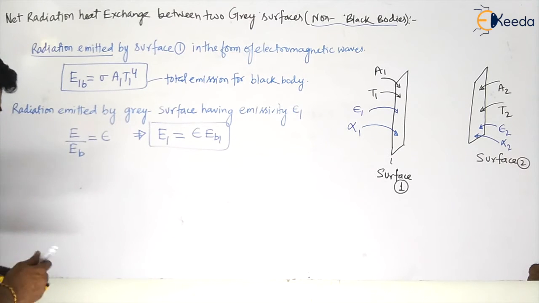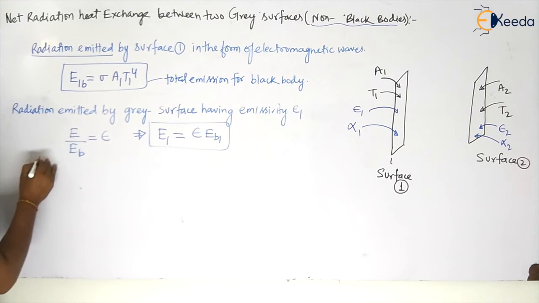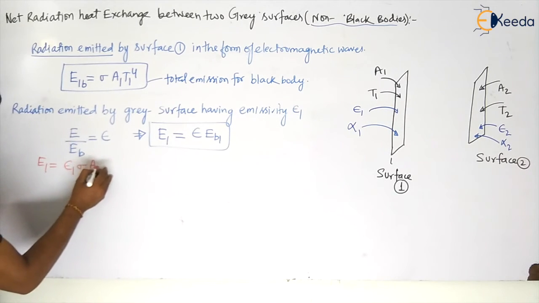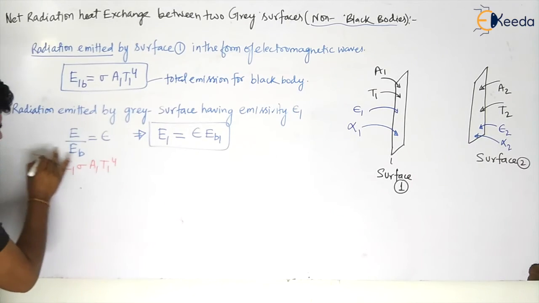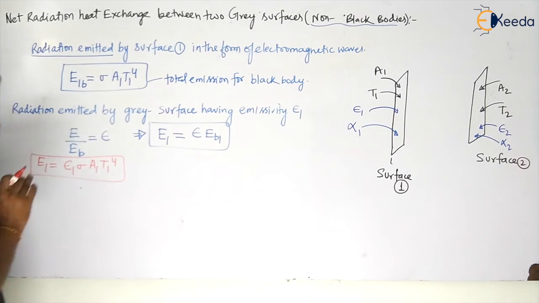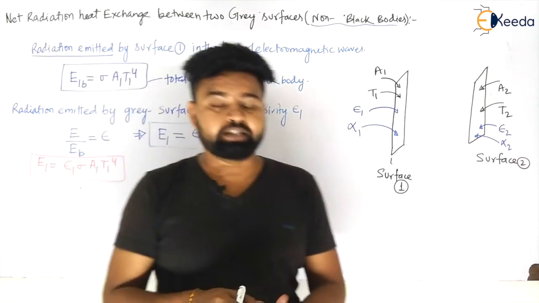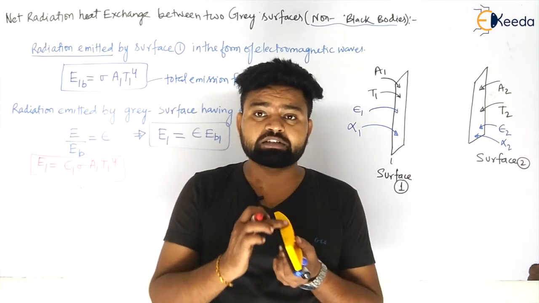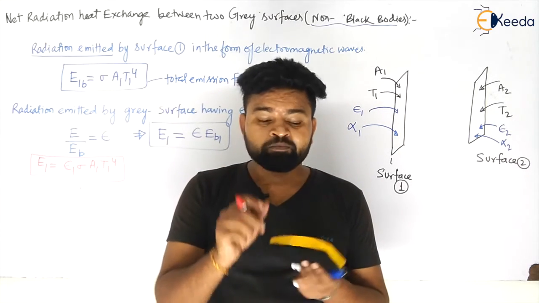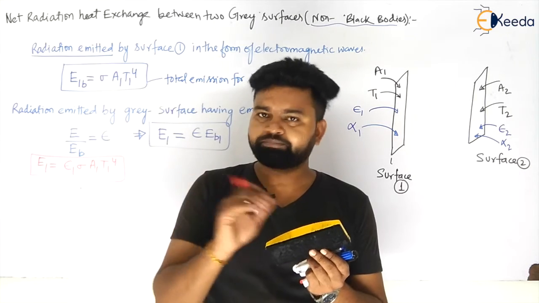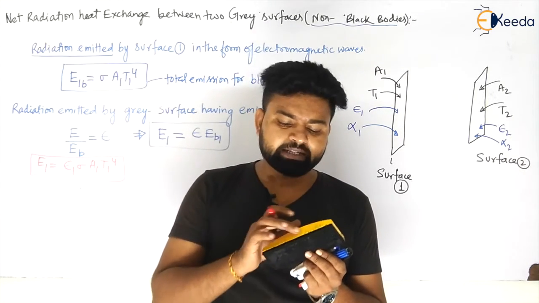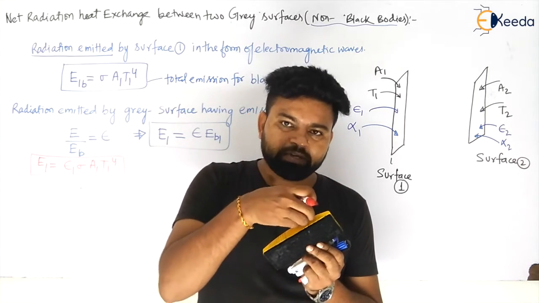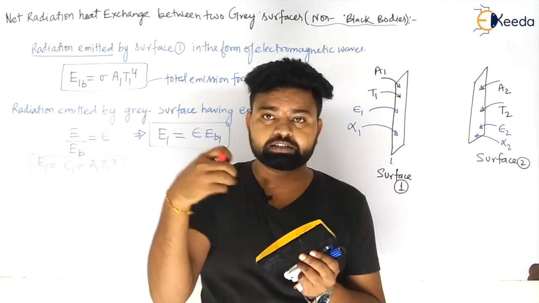Now what will be the radiation emitted by this body, that is surface 1? This will become E1 is equal to E1 sigma A1 T1 to the power 4, my dear students. This will be the radiation emitted by the body, because the surface will decide how much radiation I have to take, since it has some emissivity. Let us say if it is emitting 100 rays, but it has some emissivity, let us say 0.9, then only 90% of the rays will be emitted from this surface.